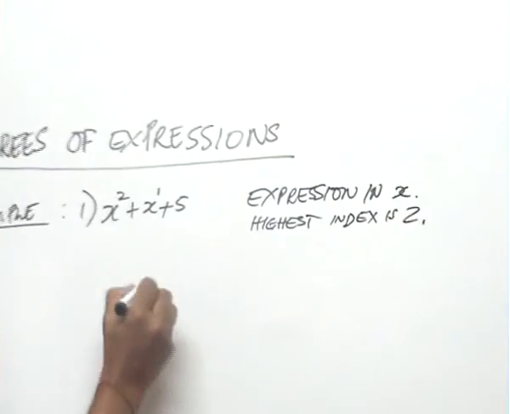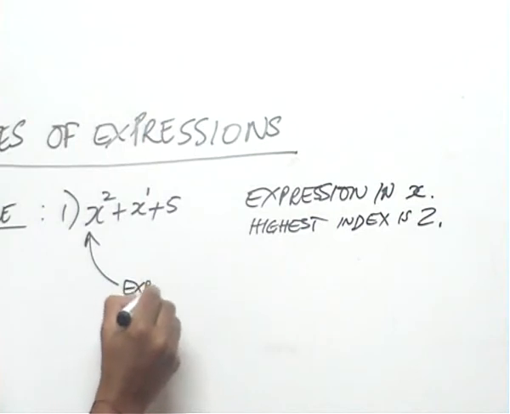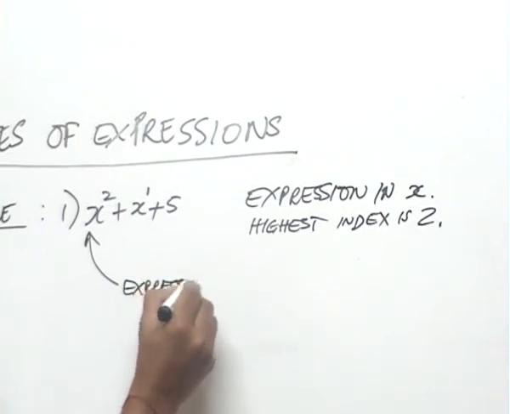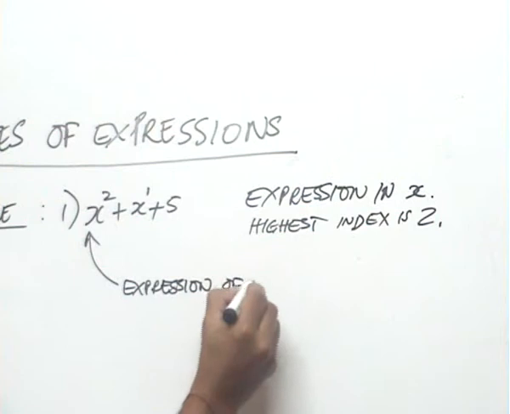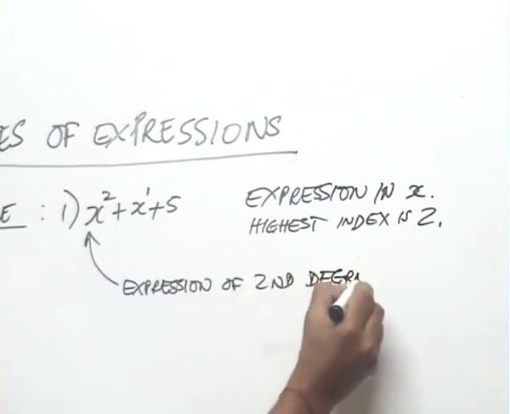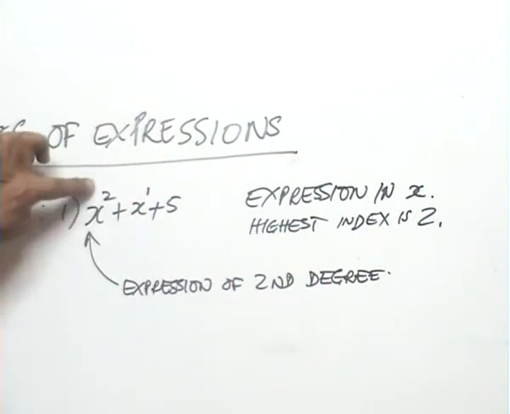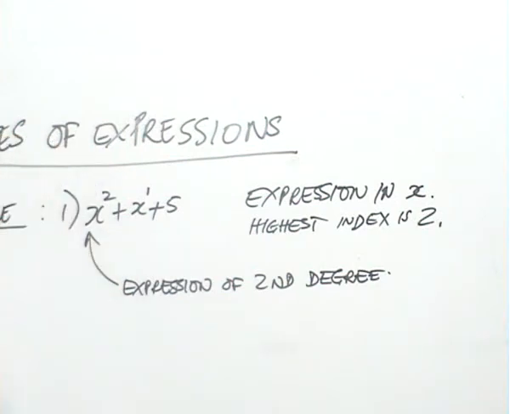Therefore, we say that this is an expression of second degree. You see, we study the indices, we look for the highest index. The highest index is 2. Therefore, this is an expression of second degree.